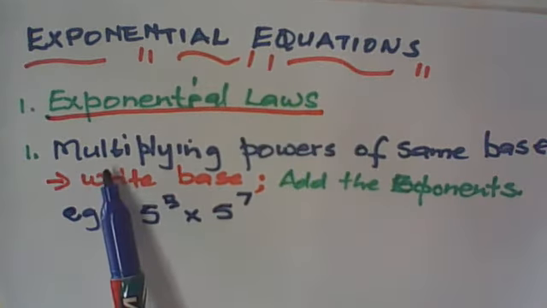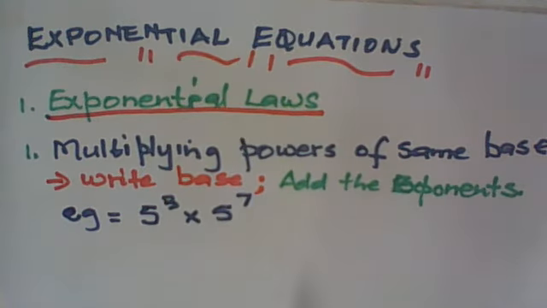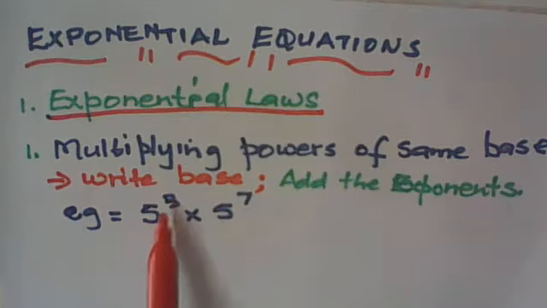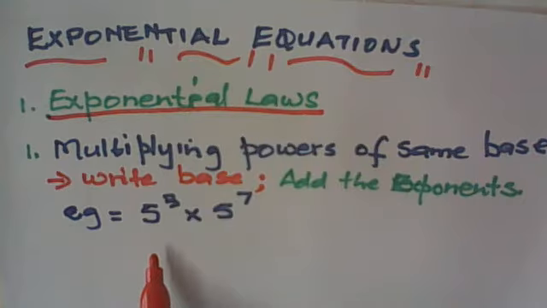Now, let's look at our rule. Multiplying powers of the same base. Let's check our bases. Are they the same or not? This is an exponent and this is the base. The whole thing, 5 to the power 3, is called a power.